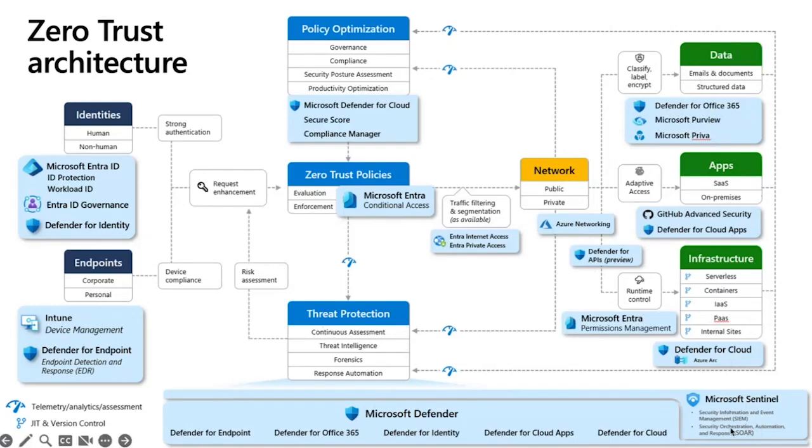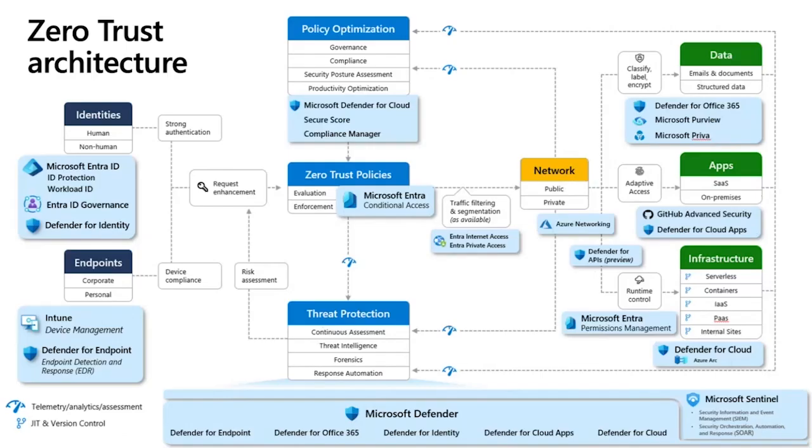Collecting data and performing advanced analytics, advanced hunting is possible using this Microsoft product known as Microsoft Sentinel. So we have 6 different pillars, and we have different solutions and components that we can utilize in identity, endpoint, network, data, applications, and infrastructure plane.